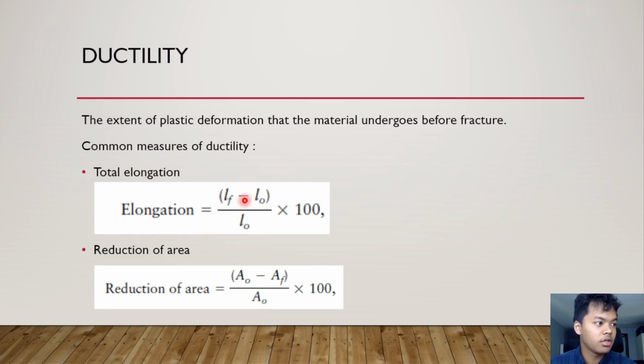We obtain total elongation by taking the specimen's final length minus its original length, divided by its original length, and multiplied by 100. Similar to total elongation, here is the material's original cross-sectional area minus its final cross-sectional area.